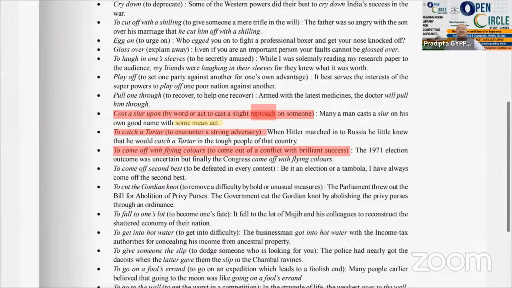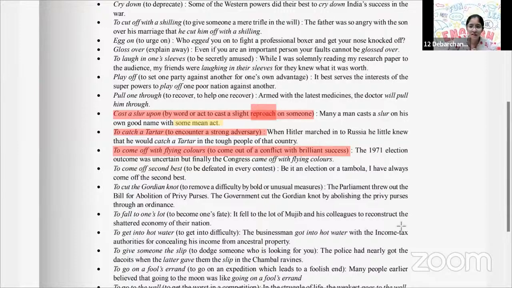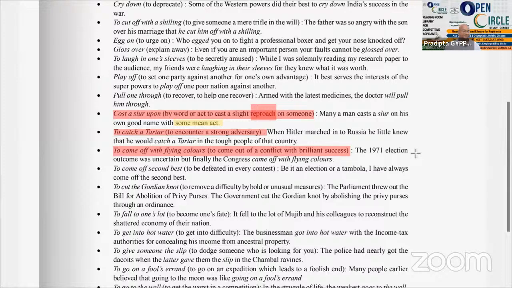So to catch a tartar means you come into a position where you have a very difficult person to handle. Got it? Yes, sir. Now read the sentence: When Hitler marched into Russia, he little knew that he would catch a tartar in the tough people of that country. What do you mean by that?